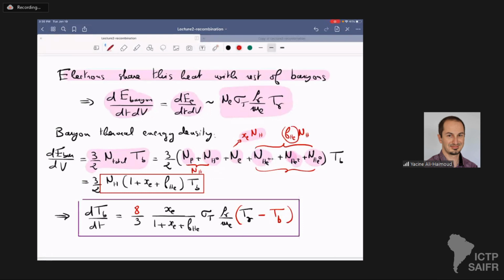And by the way, for those who followed the EDGES results and for 21 centimeter, this is also a very important equation, because baryons remain coupled to photons down to Z of about 200.